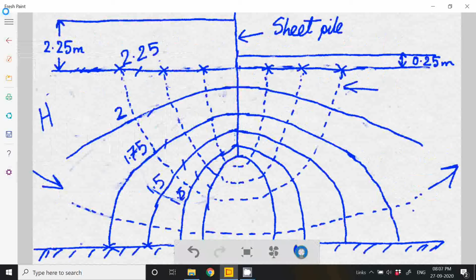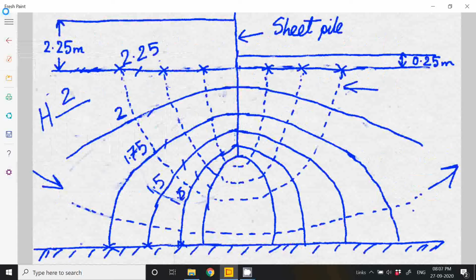And if I divide this 2 by the total number of drops, we get the head difference in each drop. Are you getting my point? So that is the thing.